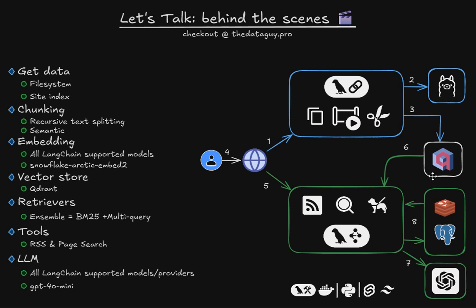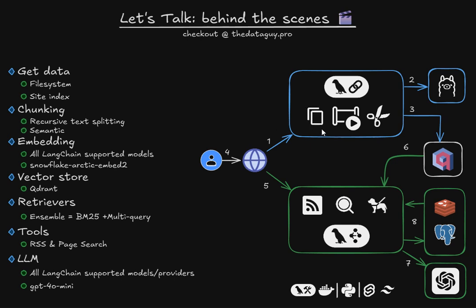We will see that. So it starts with indexing, and to do the indexing, at the moment we support file system and site index. So we can grab the contents from the file system if you already have that, or site index.